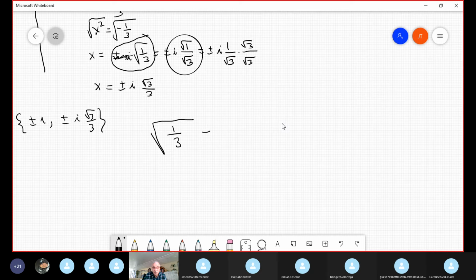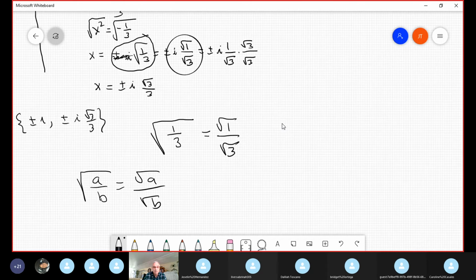You say, I can simplify. How? This is a fraction, and you separate square root 1 over square root 3. This is a property: when you have square root A over B, it is equivalent to square root A divided by square root B. Now, square root 1 is 1, and square root 3 is like that. And this is an elegant solution, but much better is rationalization.